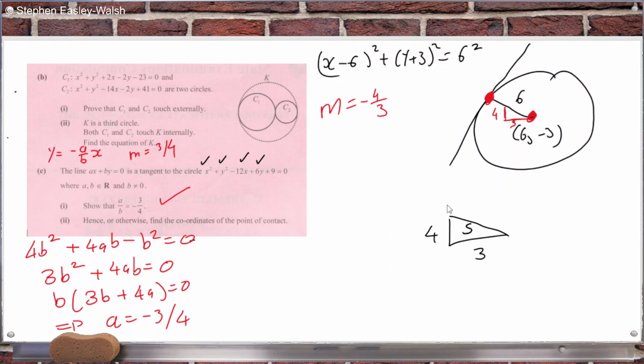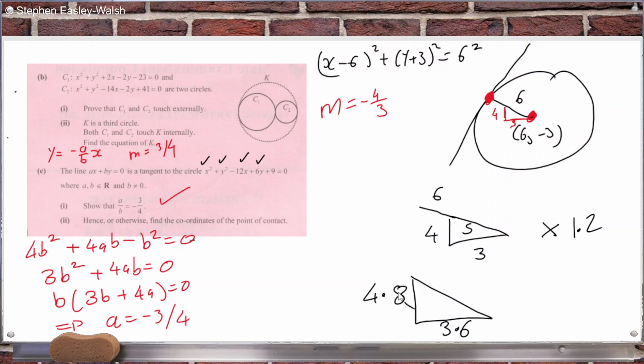That would be 5. But you need the distance to be 6. So you'd have to go up an extra 20%, 1.2. So if that's 3.6 and that's 4.8, you can check it out.